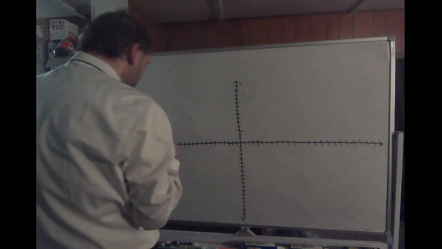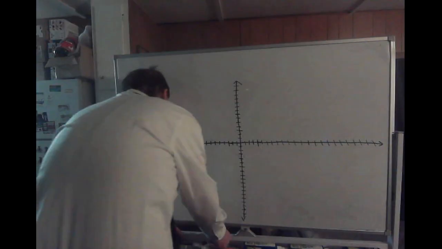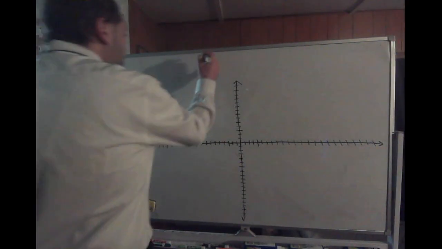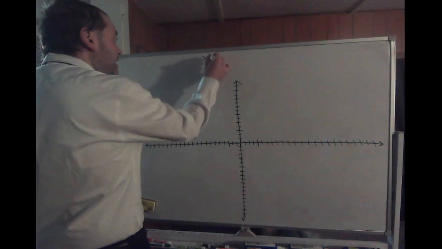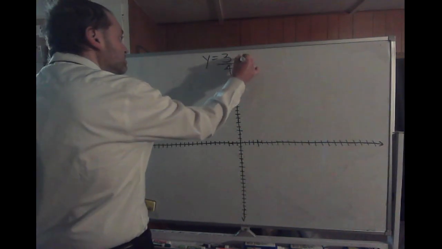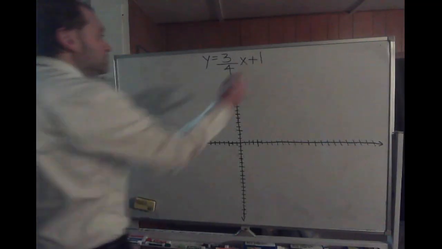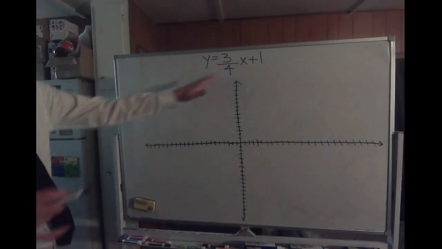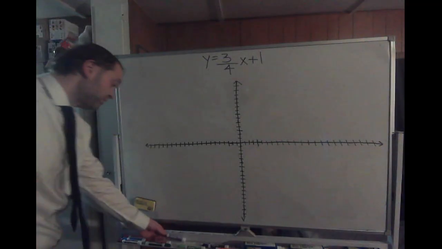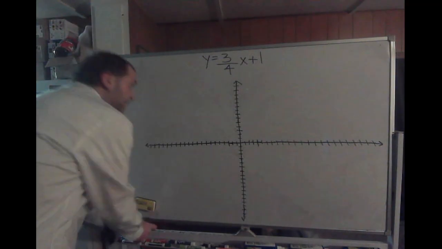All right. What's next here? Good one. y equals 3/4 x plus 1. So we have the equation y equals 3/4 x plus 1. So first, identify your slope.